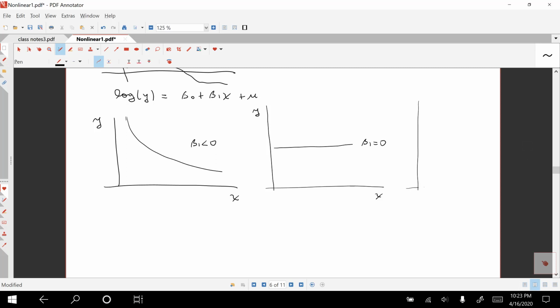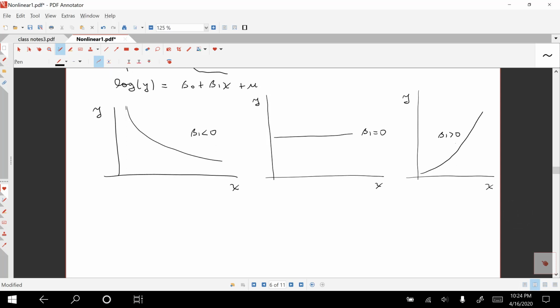And the other shape is a relationship that is increasing at an increasing rate, where beta 1 is higher than 0. Let's say we estimate the model. How do we go about interpreting the coefficients, beta naught and beta 1?